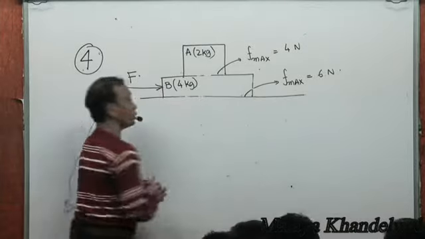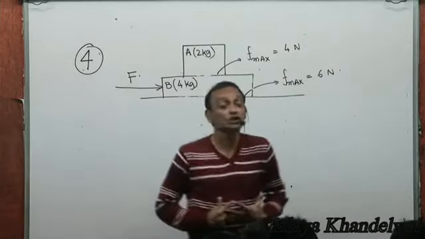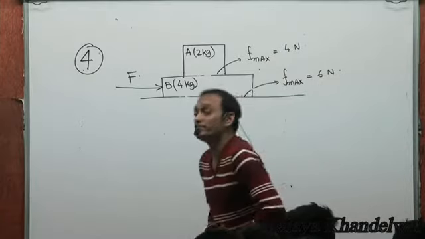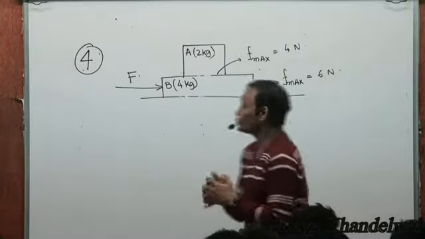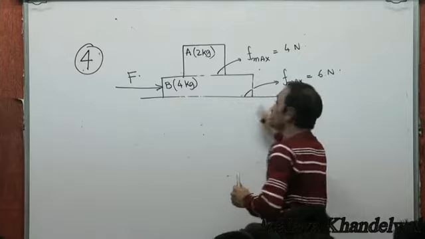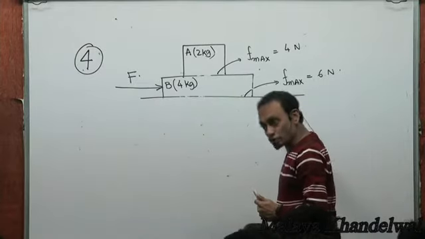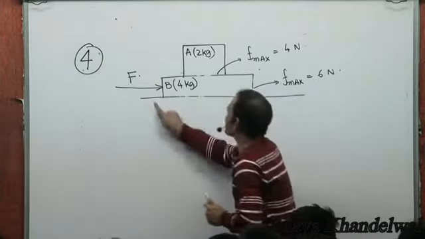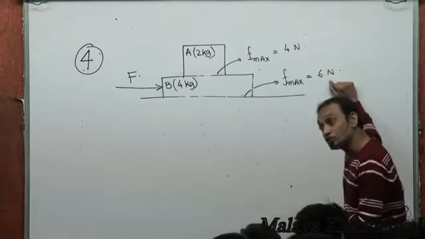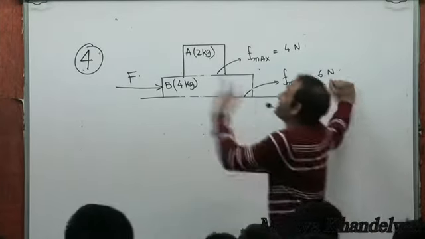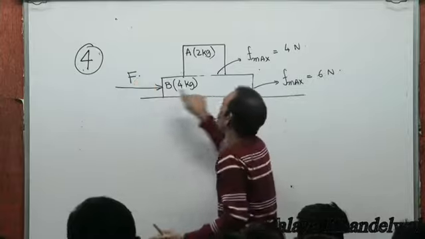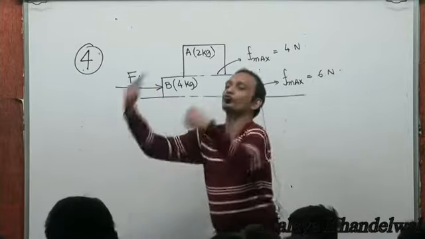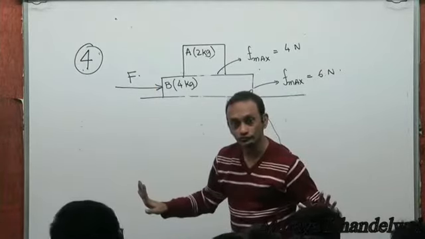Now, in order that B has to move, its first level of battle would be to combat the ground, and the minimum F so that it could combat the ground is 6 newtons. So anything short of 6 newtons will cause B to not move, and A to not move.